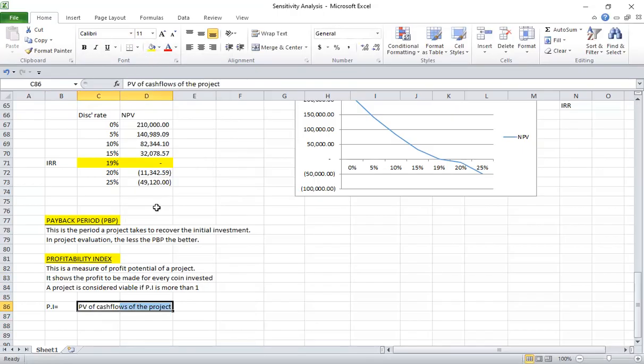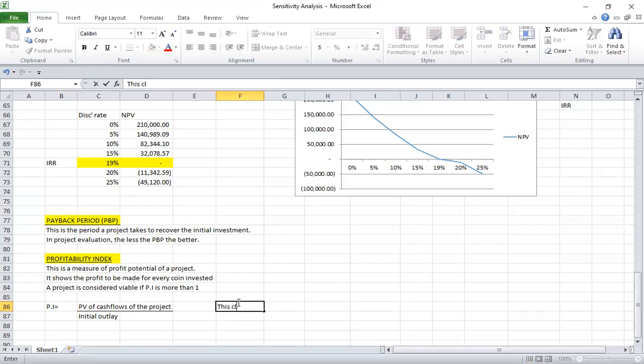You divide this by the initial outlay. So that's how we compute the profitability index, the PI.